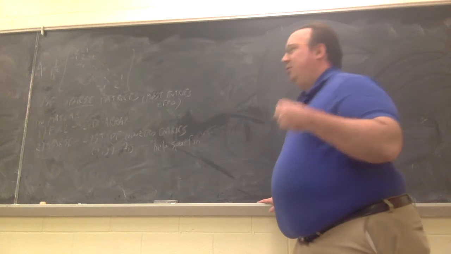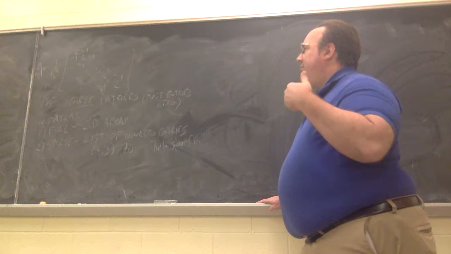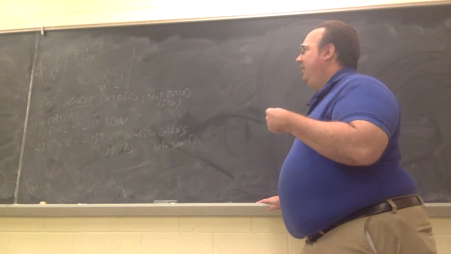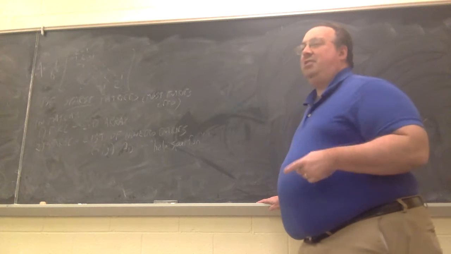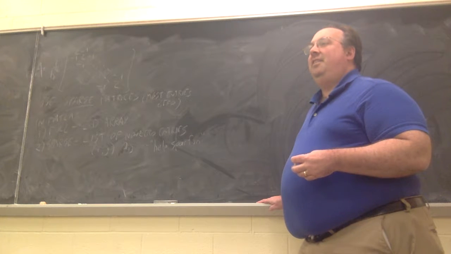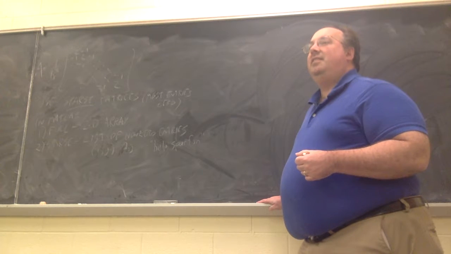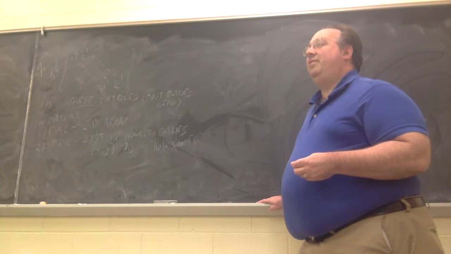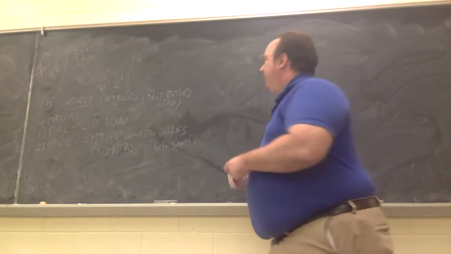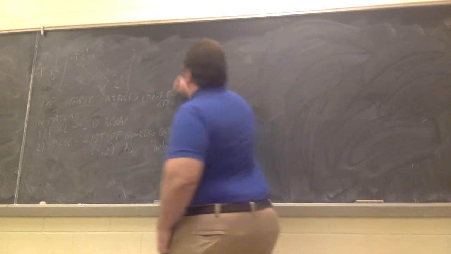Can anyone think of a MATLAB function, forgetting about sparse matrices for a second, because I haven't told you about those functions yet, but what MATLAB function you could use that would make it easier to create a matrix like this? Triad? Yes.